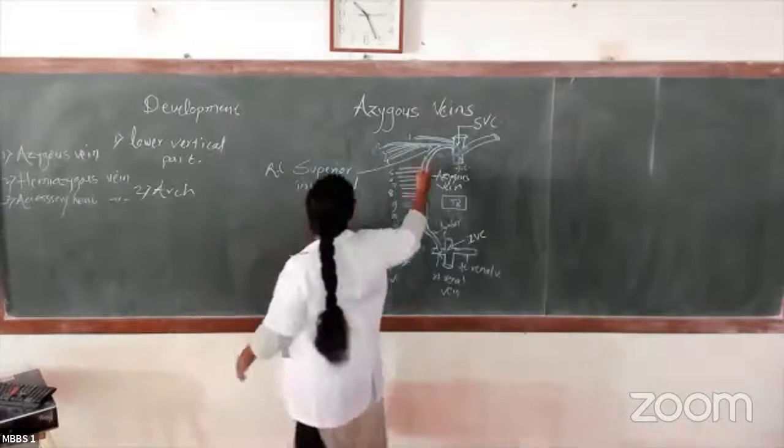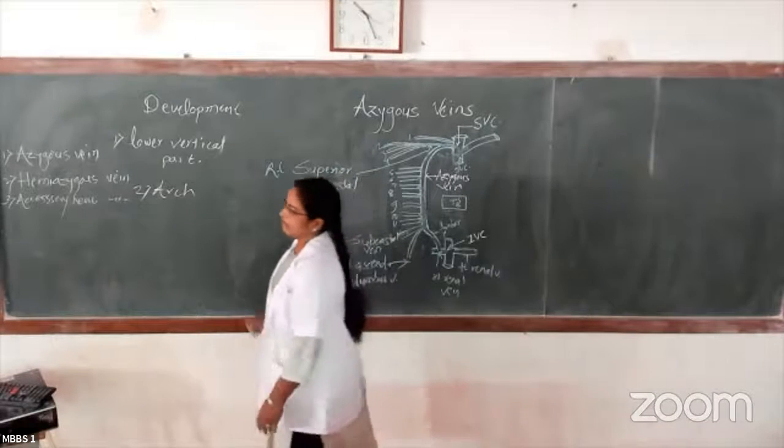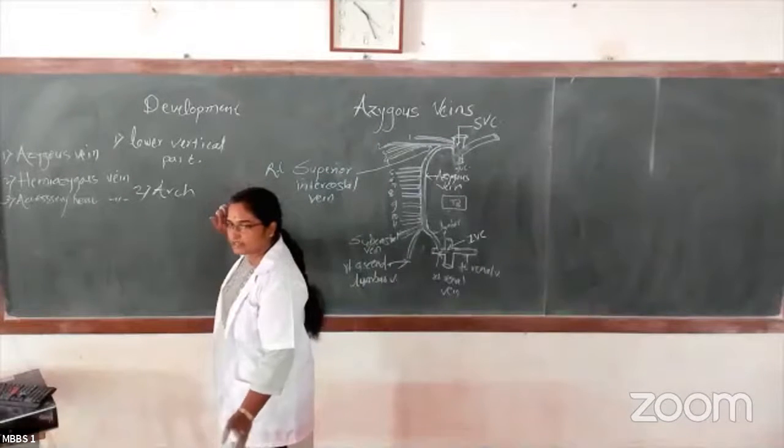This lower vertical part of the azygous vein is developed from the right azygous venous line.